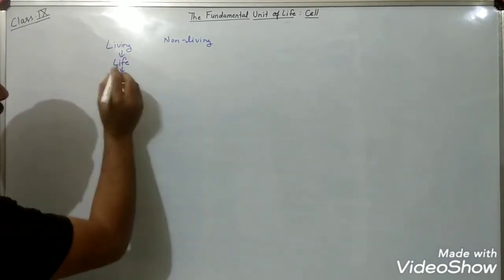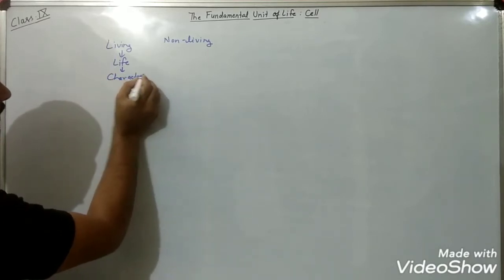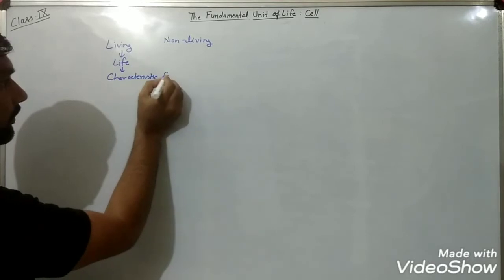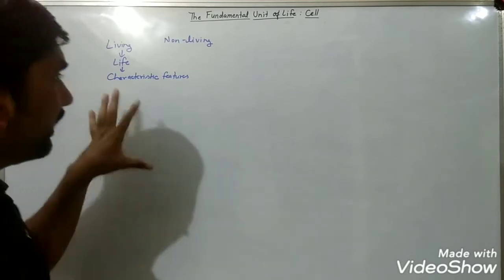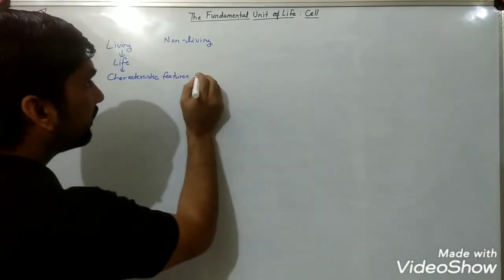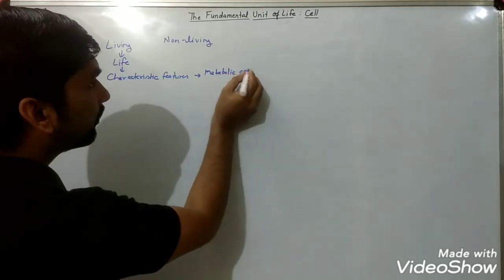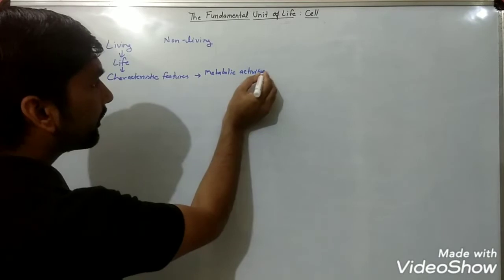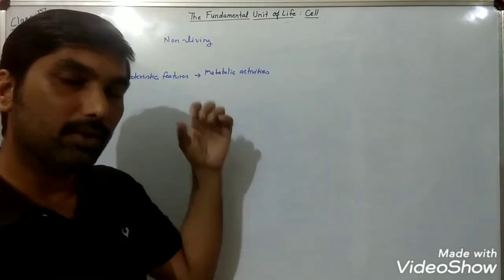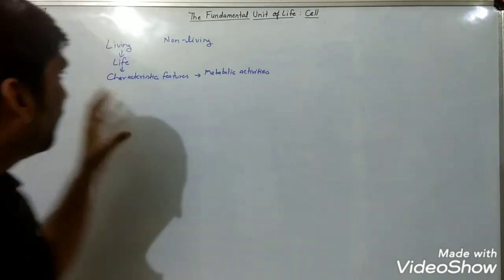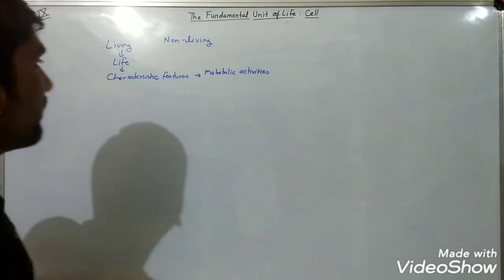And this is why? Because of the characteristic features present in them, like metabolic activities, growth and reproduction, all these processes which make them considered as living substances or living organisms.